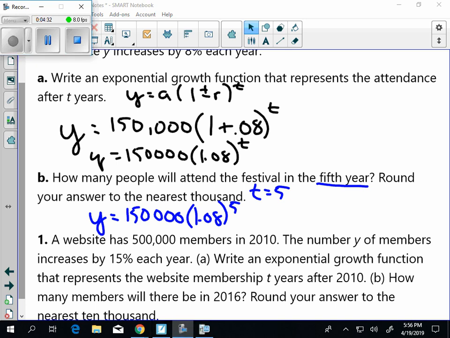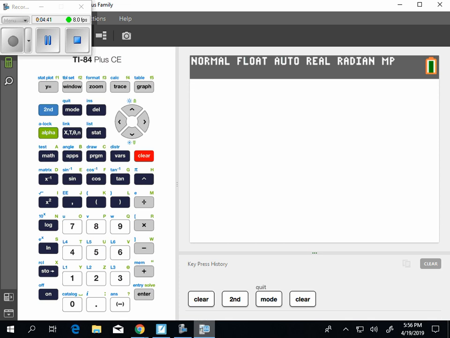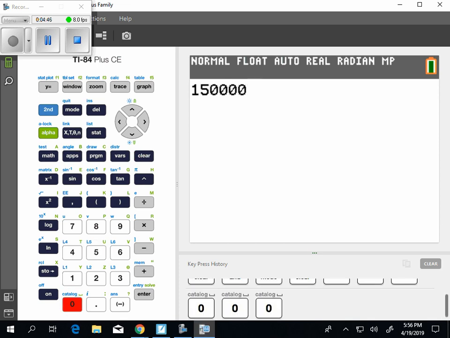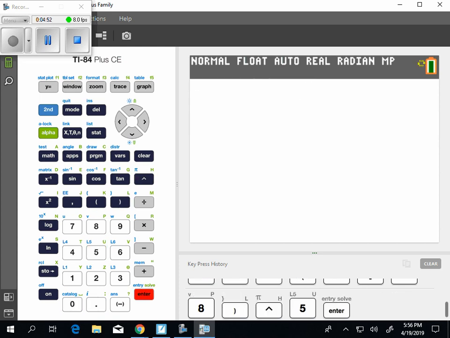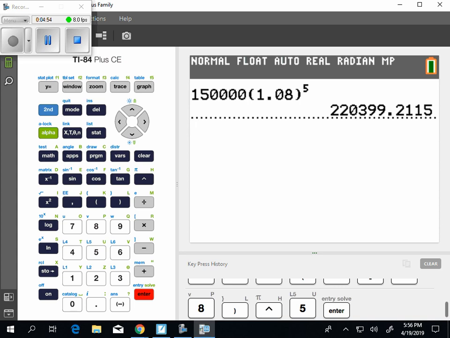Now that I have my function with the 5 plugged in, I need to reach for my calculator because I'm not sure what 1.08 to the 5th power is. I would not expect you to be able to do that in your head. So I'm going to take 150,000 times 1.08 raised to the 5th power in my calculator. The direction says to round to the nearest 1,000.